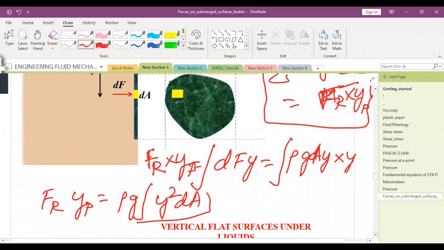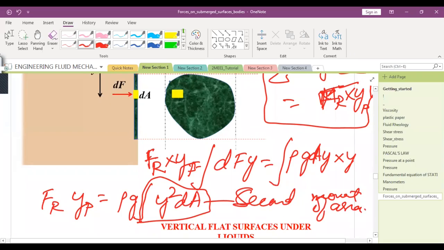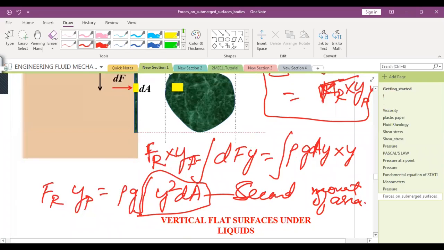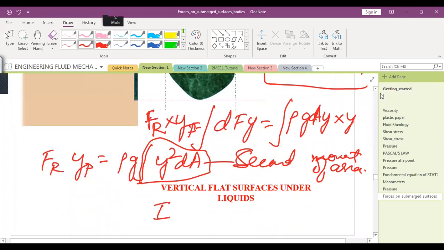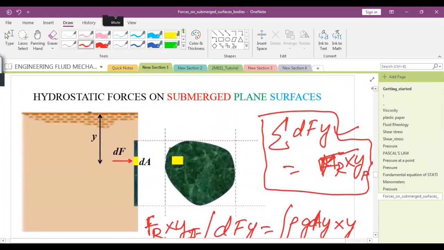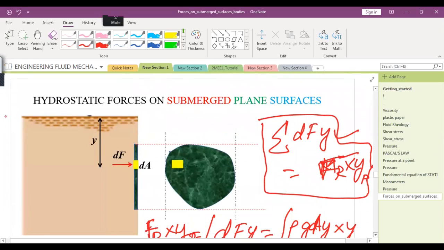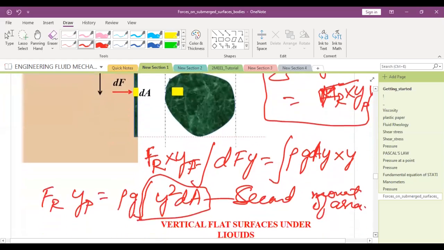And y square dA integral is called second moment of area. And I represent this with I. And in this case, about which axis is the moment? So this is O dash. So this is essentially I O dash.